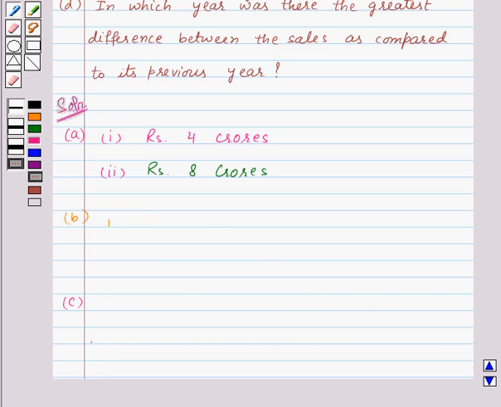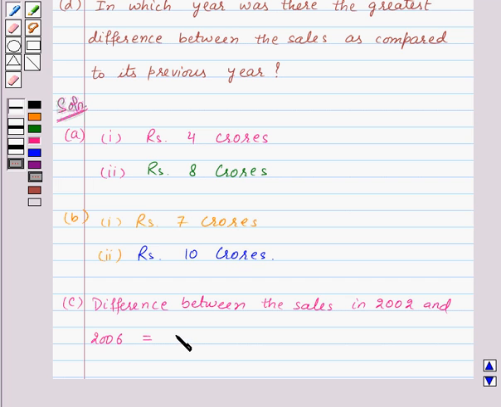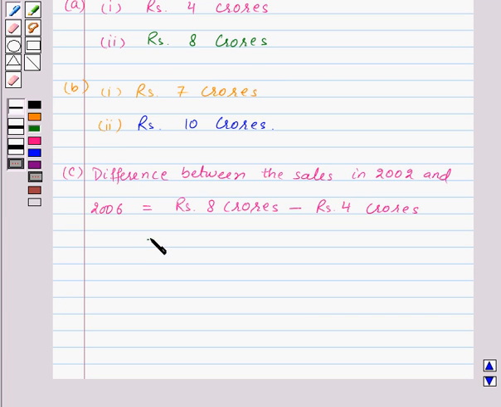So with this we can find out the difference, that will be rupees 8 crores minus rupees 4 crores. That will be rupees 4 crores.